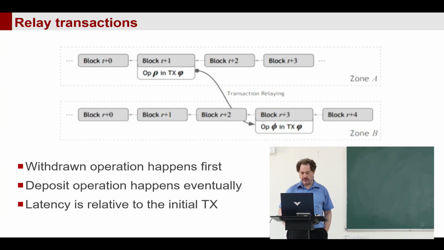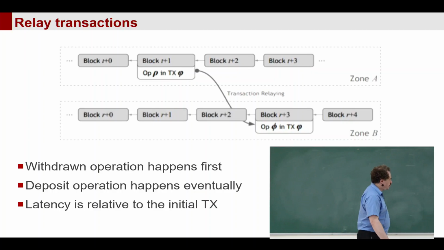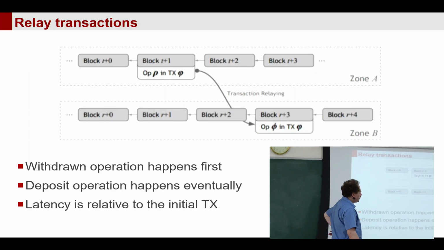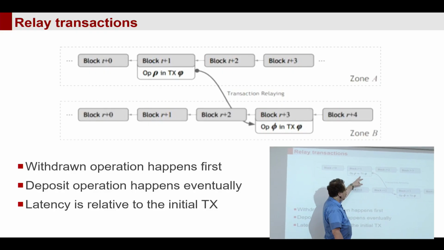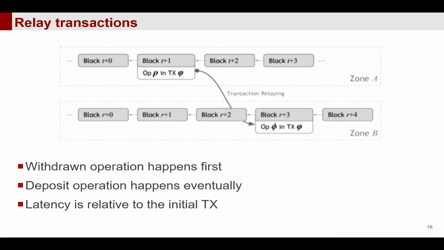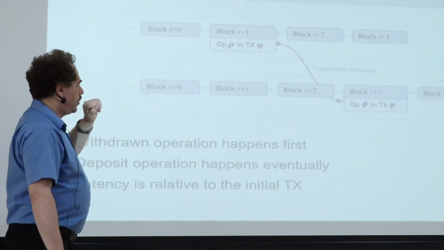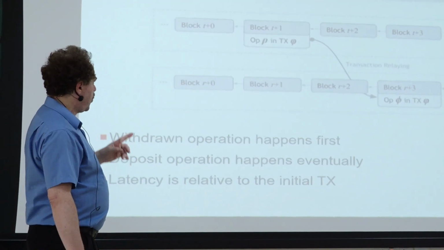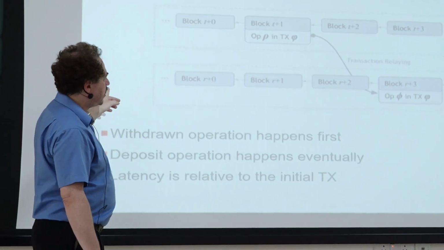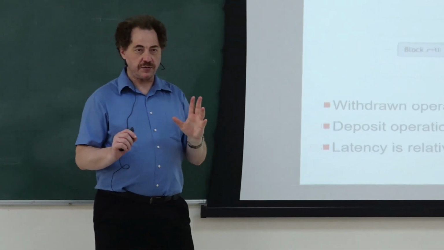Let's take a look at the relay transactions in Monoxide. Imagine that there is a transaction which transfers some funds from a user in zone A to a user in zone B. What Monoxide does is split such a cross-shard transaction into two transactions.